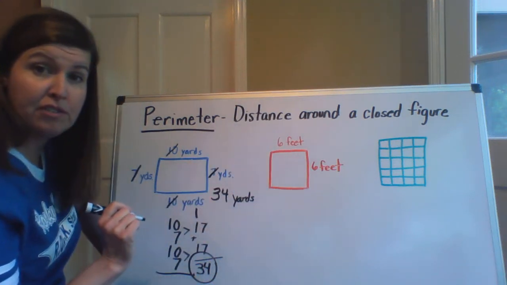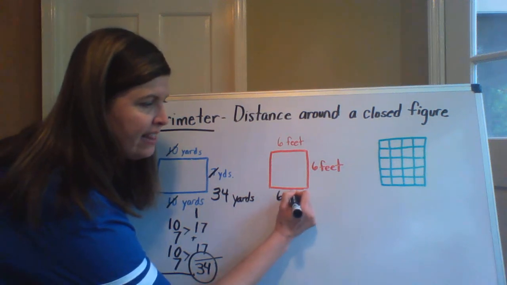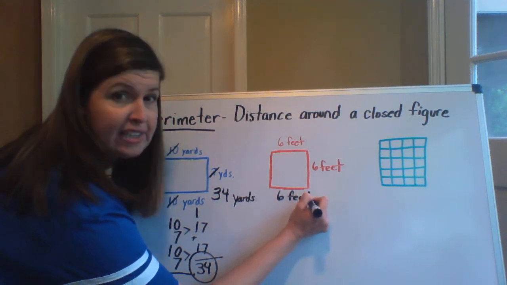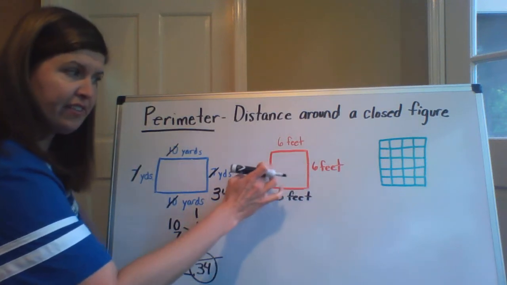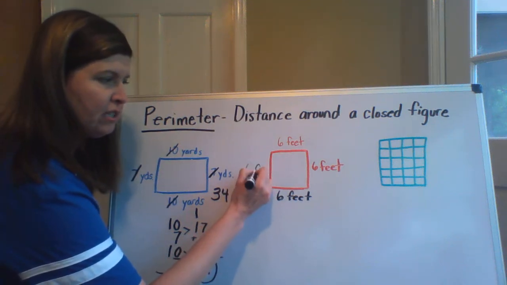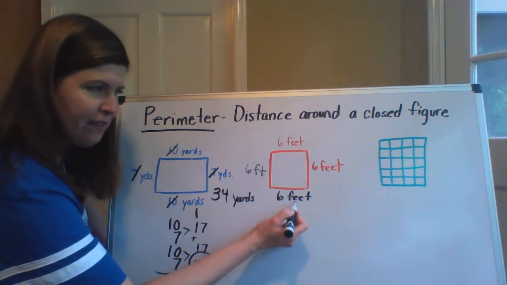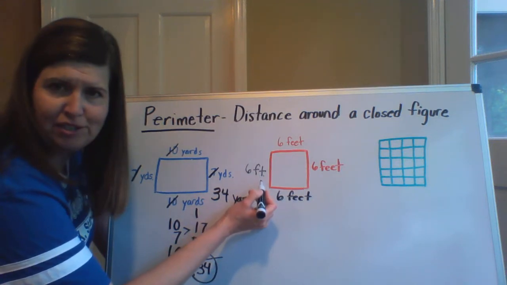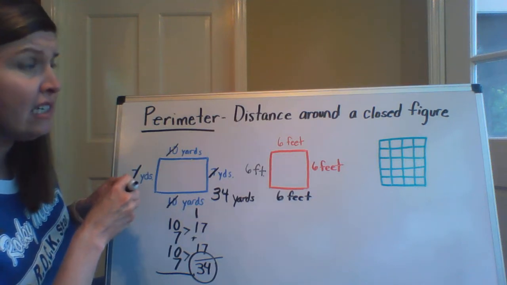So if this is 6 feet down here, I automatically know this is going to be 6 feet at the bottom. And if this side is 6 feet, I know this is going to be 6 feet.